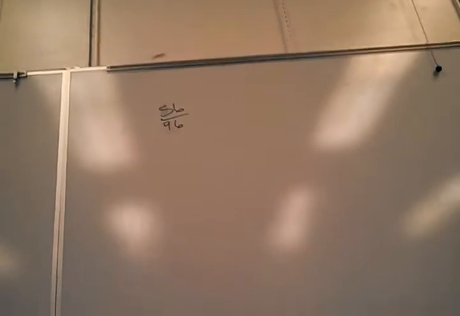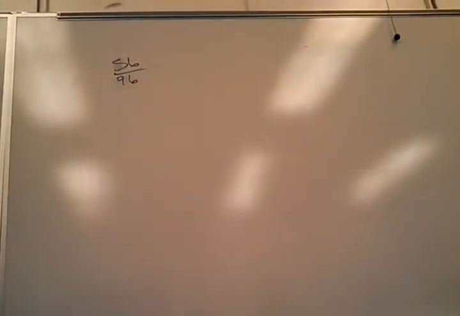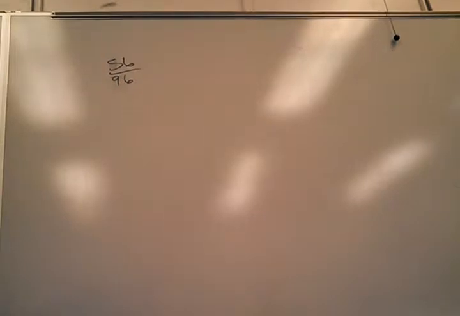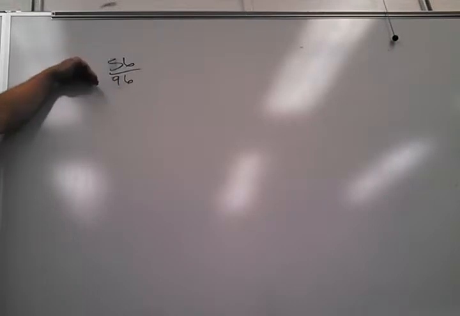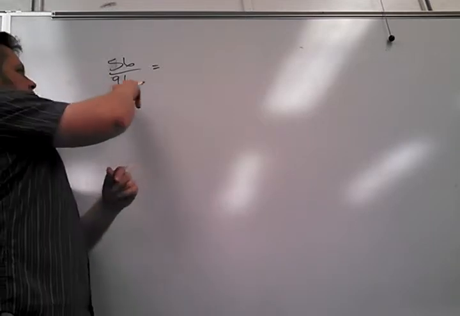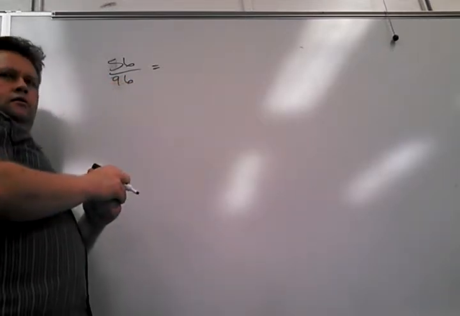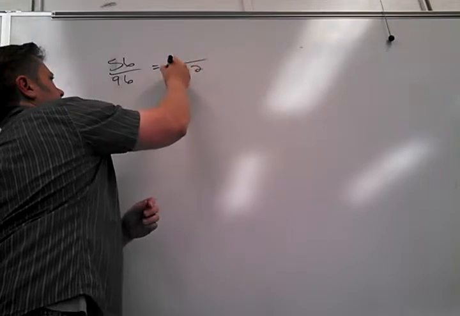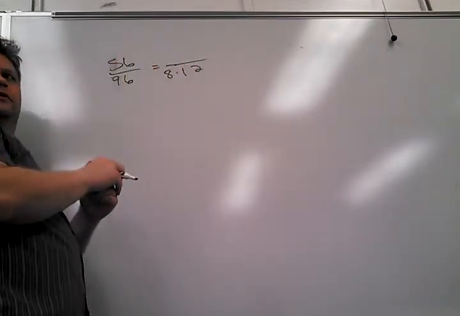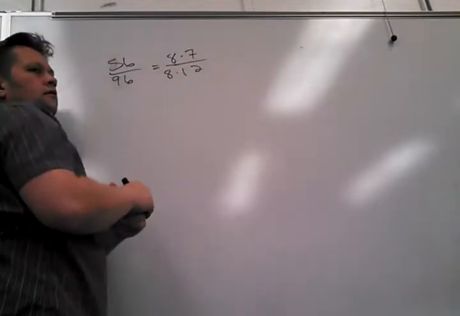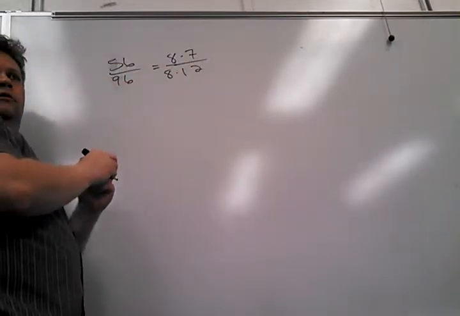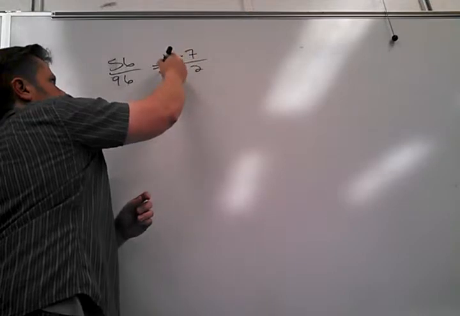No, be careful. 56 divided by 56 would be 1, right? 56 divided by 96 is less than 1, because you're dividing by a number bigger than what I've got. But how can I reduce this? What goes into both? 8. How many times does 8 go into 96? 12. So you've got 12 times 8. And 8 goes into 56? 7. I like it. So then what happens? 7 over 12, because the 8s, one on the top, one on the bottom, cancel. So you're left with that.